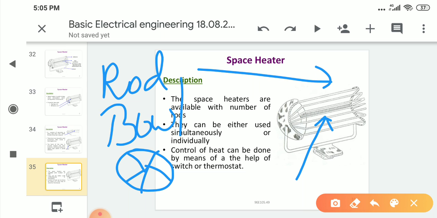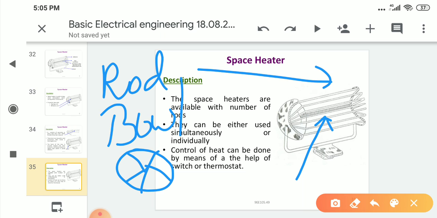Here the two units are mainly the heating section and the reflector section. The radiant heat is generally about 60% while the converted heat is only 40%.